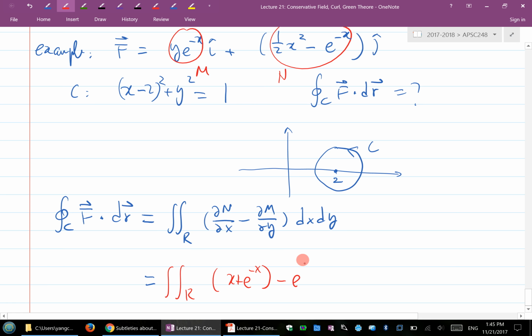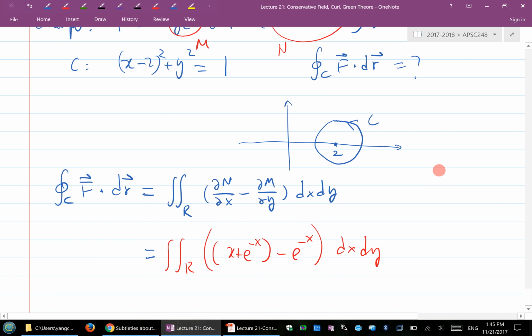The other one is e to the power negative x, and then dx dy. So you cancel these two out, which leaves x dx dy. So that's this double integral.